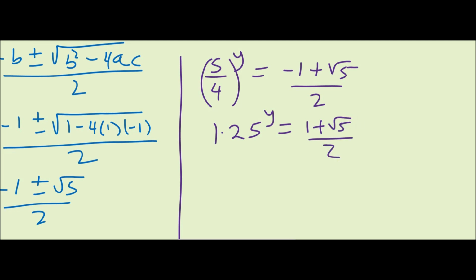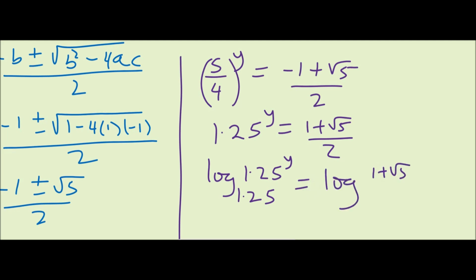If I take log of both sides to base 1.25, because now we have calculators that can take log of both sides to any positive base, I have log of 1.25 to the power of y to base 1.25. That makes me get my y directly. Log of minus 1 plus root 5 over 2 to base 1.25. So this is the y value.